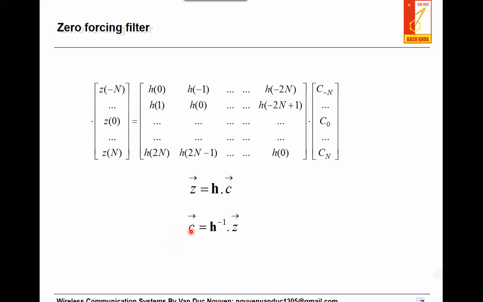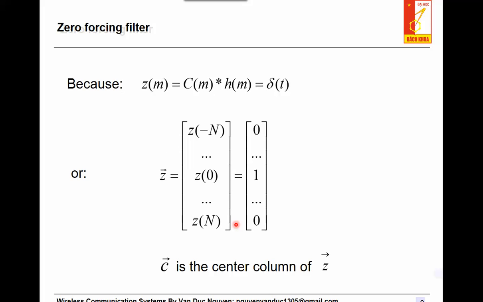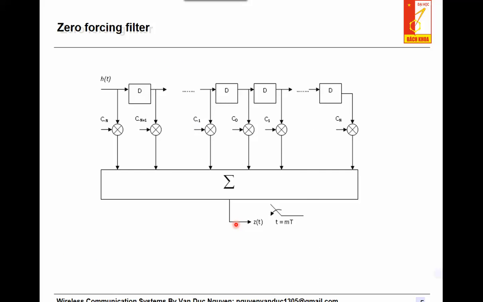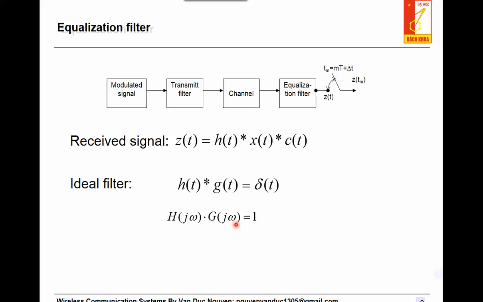This equation shows us the filter coefficient can be computed by the inverse matrix of the channel coefficient H, formulated this way, multiplied with the output vector of the filter. Because from the beginning we should have this relation.